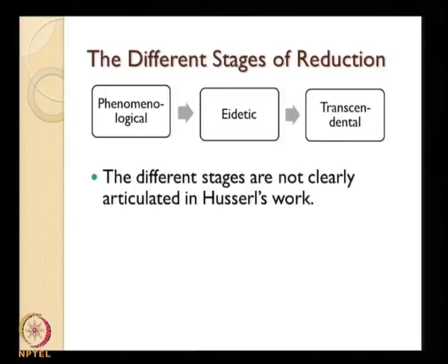Husserl never says that there is a heading under which he is going to discuss phenomenological or psychological reduction and another heading under which he discusses another; nothing of that sort we would find in Husserl's work. These are scholars who, after reading Husserl's work, came across different stages of reduction and finally articulated them as three: phenomenological, eidetic and transcendental.